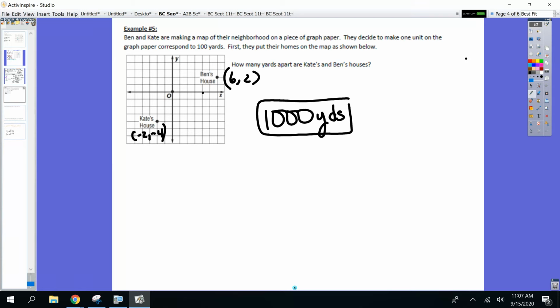If you didn't convert the coordinates to yards, make sure at the end you multiply by 100, right? You could do Pythag here. You could do distance. Either one's an option here. That's what's good about today. You have options. So you guys at home, make sure you get 1,000 yards.